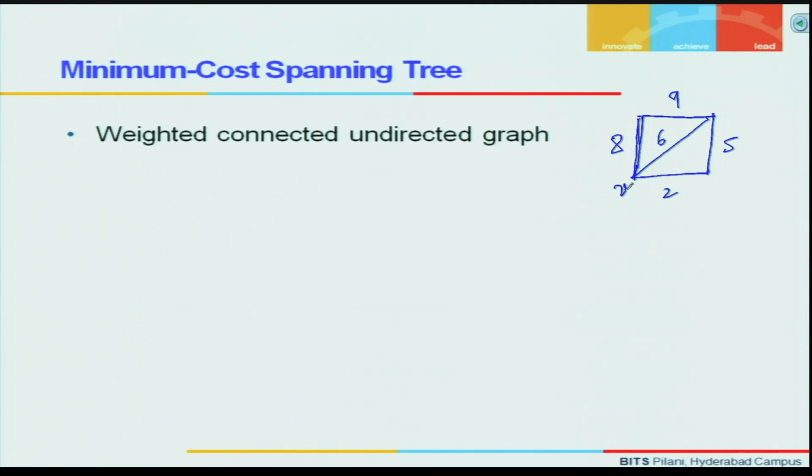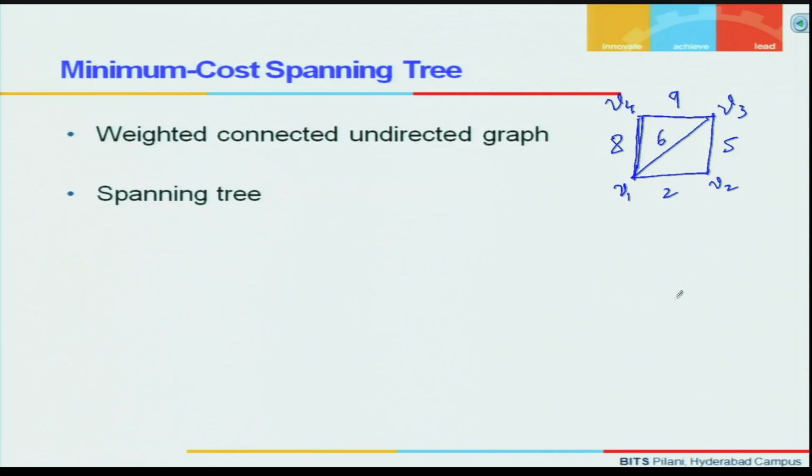Suppose this is V1, V2, V3, V4. It is a graph of 4 vertices, V1, V2, V3, V4, and each edge is having a weight associated to it. And a spanning tree, as I told, is nothing but a tree of this particular graph, that means a subgraph of this particular graph which is not having any cycles in it, and it should cover all the nodes of this particular graph.